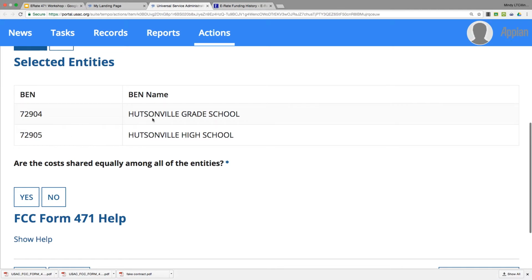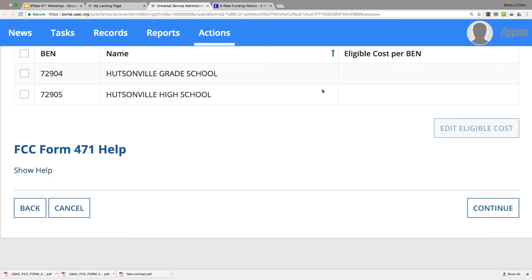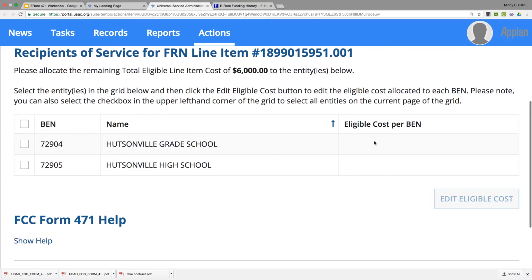And again, I could say that this is shared equally, but it's not because more of those wireless access points are going into my grade school than my high school. So honestly, in my grade school, that's $6,000. I'm going to take $5,000 out of the grade school. Whoops, edit eligible cost.